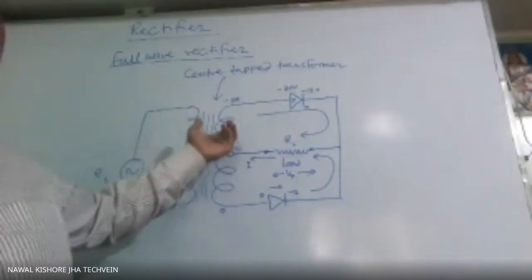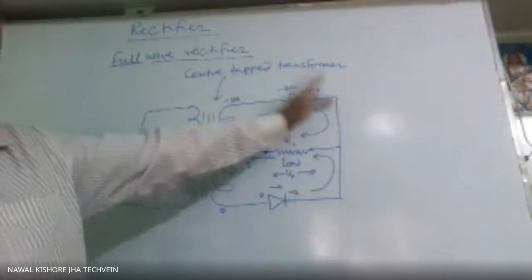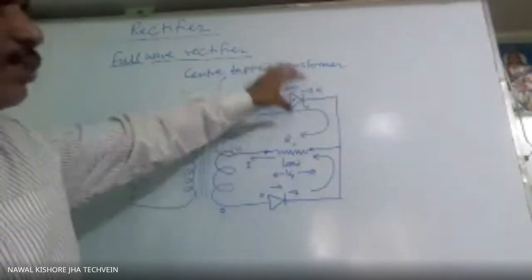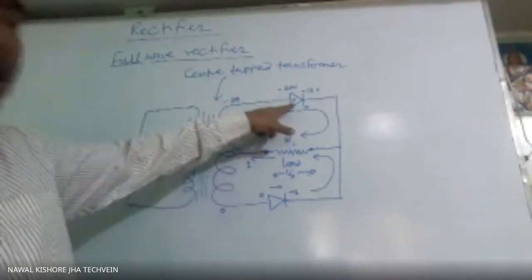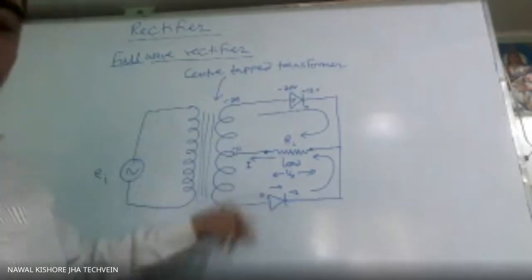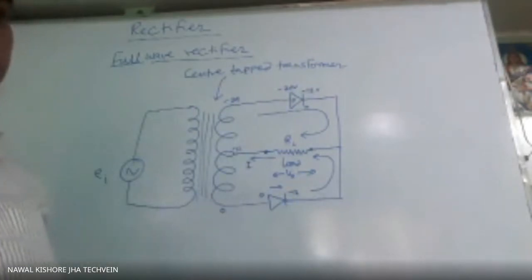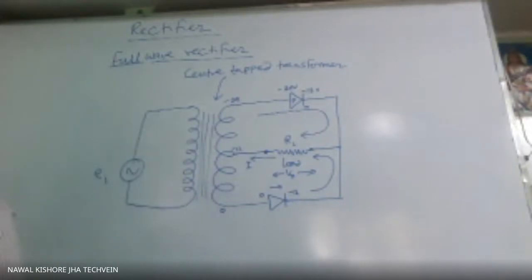If P is connected to the negative terminal or the lower voltage, and N is at higher potential, then it is reverse biased. In case of reverse bias, the diode will not conduct. So this diode will conduct for the positive half cycle. This diode will conduct for the negative half cycle of this output voltage of the transformer.